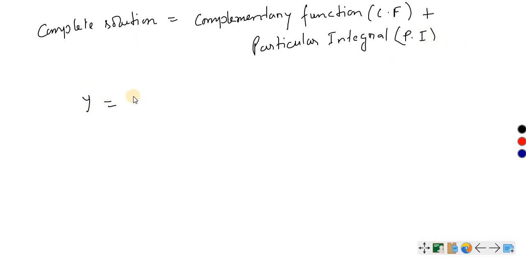So y is equal to the sum of the complementary function plus the particular integral. And in your syllabus, particular integral is there, and that's why I have to discuss this whole thing.